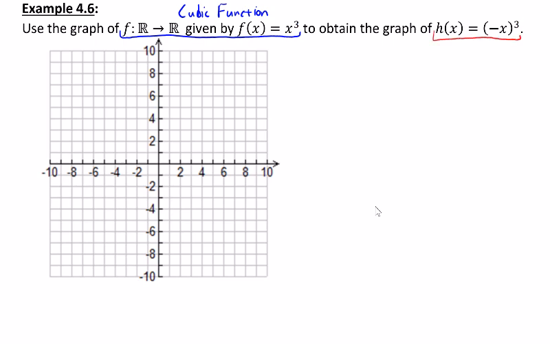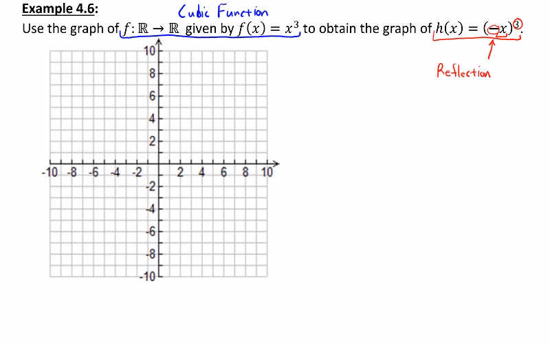I can see that h of x is also a cubic function, but there is a negative attached to this x. We can interpret that as a multiplication by -1. So this multiplication by -1, I already know has to be interpreted as a reflection of the original picture.